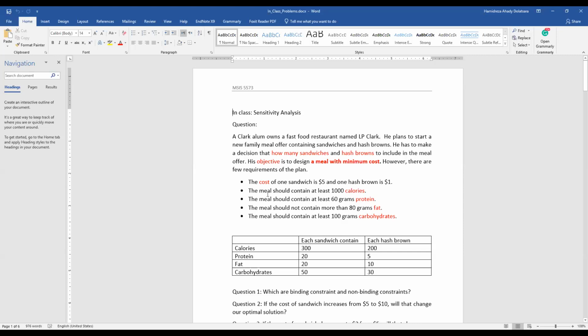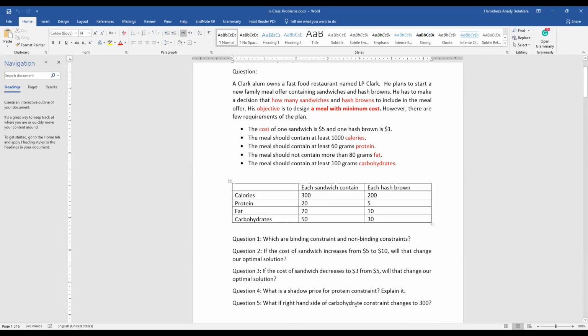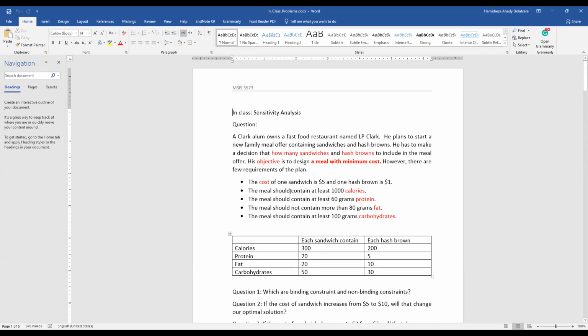And we know the ingredients of sandwiches and hash brown in terms of calories, protein, fat, and carbohydrates. We had some extra questions like which one is binding, which one is not binding, and so forth. So we already saw how to write this problem in Excel Solver.